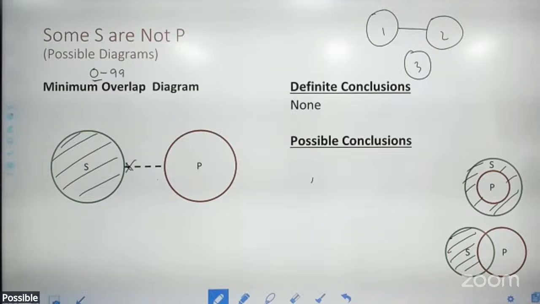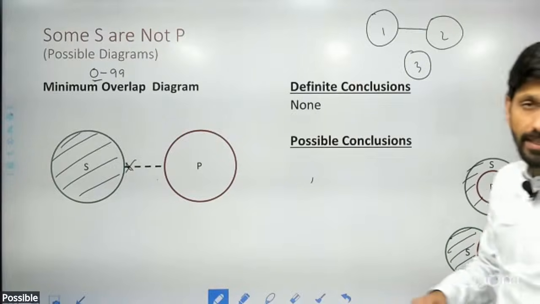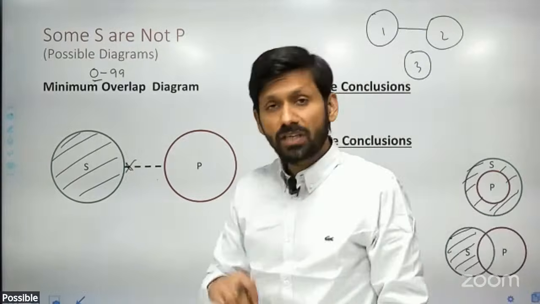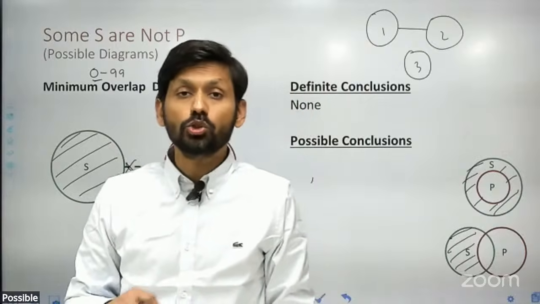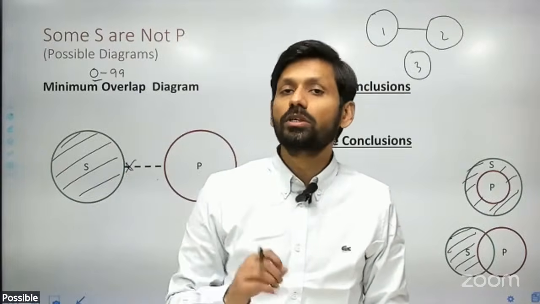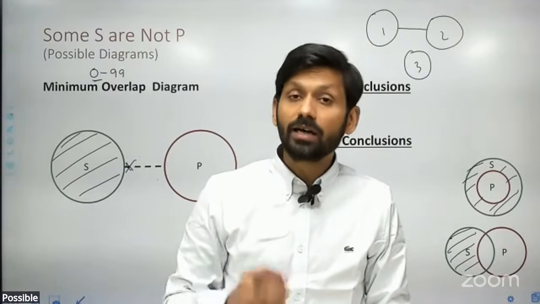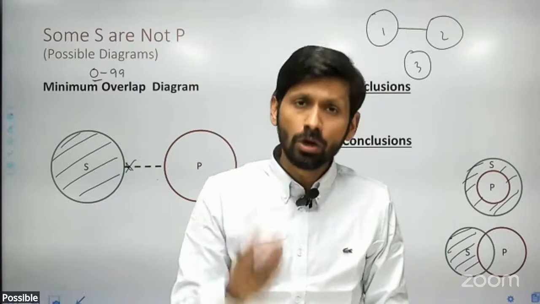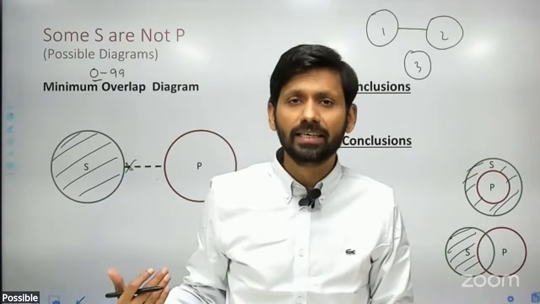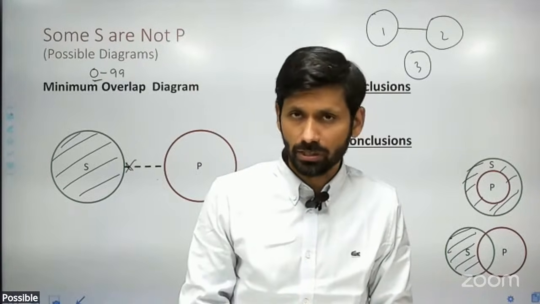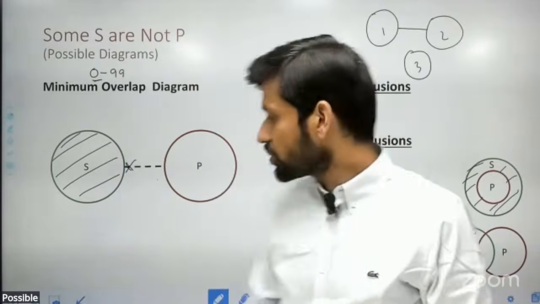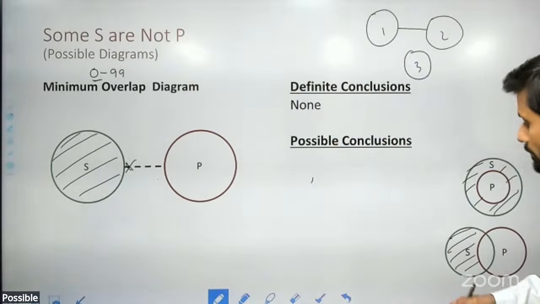You will find no statement that is true in all the three diagrams. So the point here is, from some SR not P, there is no definite conclusion. We cannot derive anything. Are there some possible conclusions? Obviously, we have three possible diagrams, so there will be some possible conclusions. Let's check those possible conclusions.